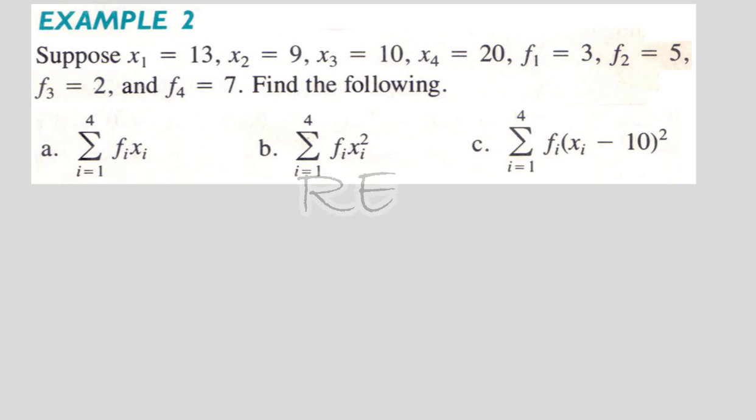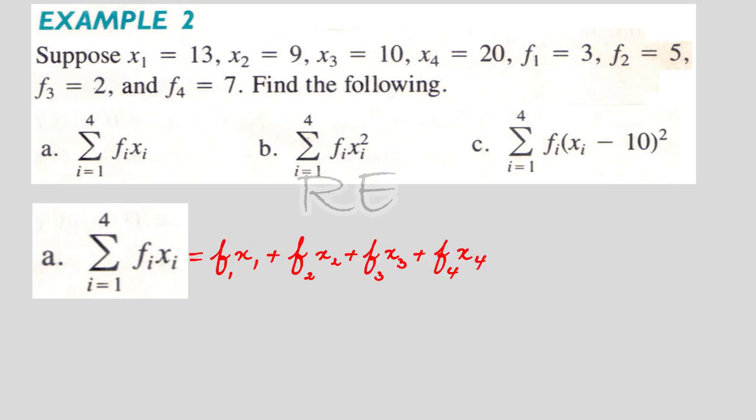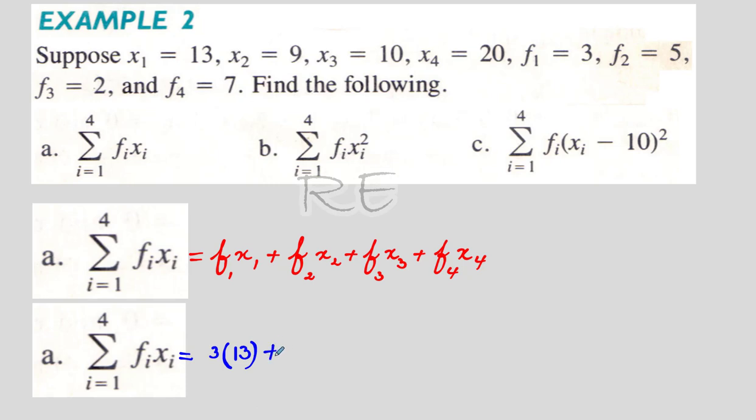A is the sum from 1 to 4 of f_i x_i. This is the expansion. The first observation is f1, so it's going to be 3 times x1, which is 13, plus f2, which is 5, times x2, which is 9, and so on.